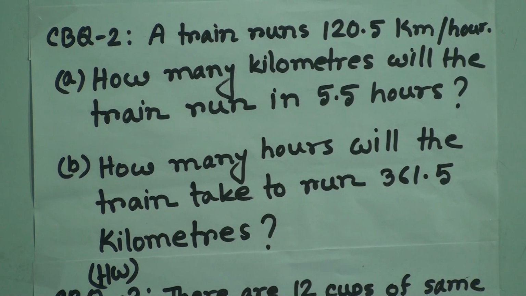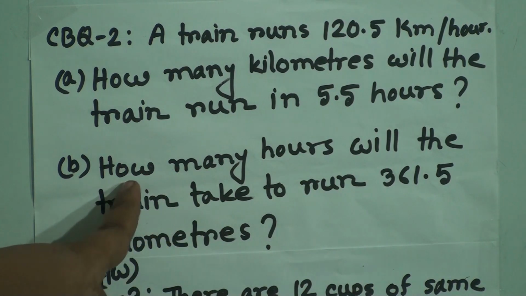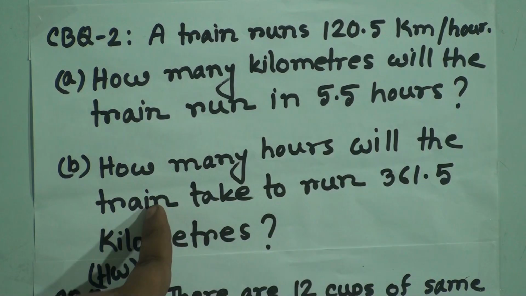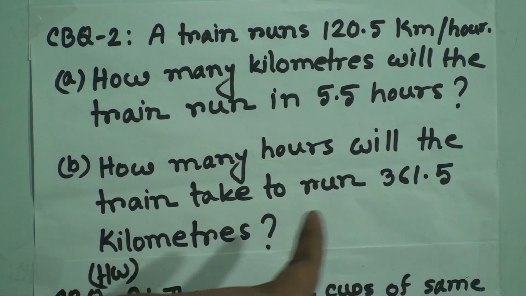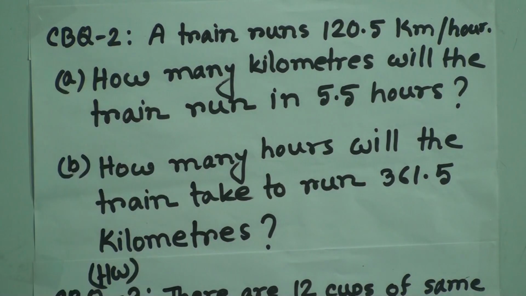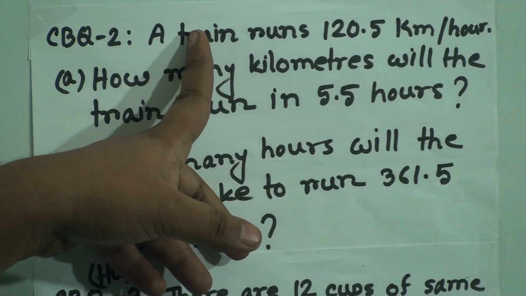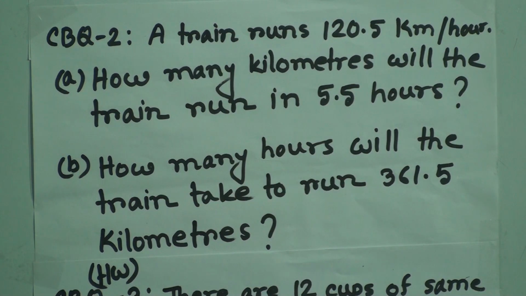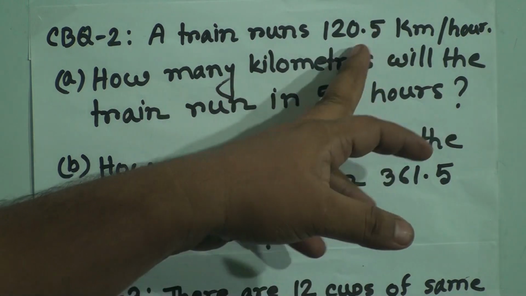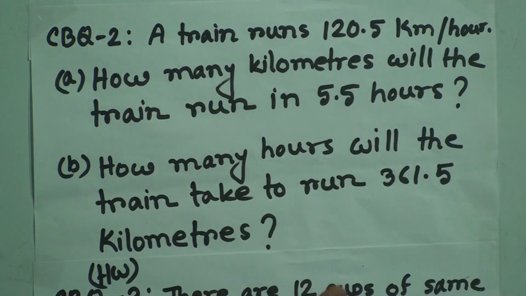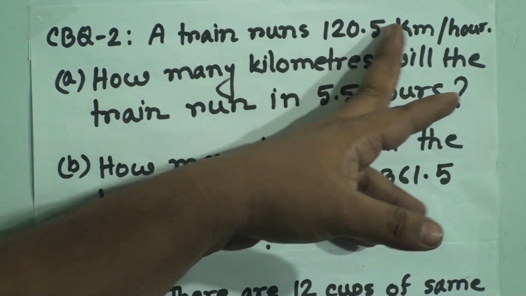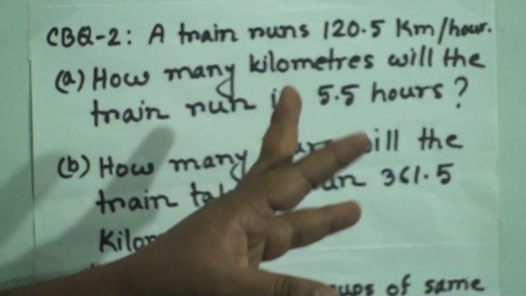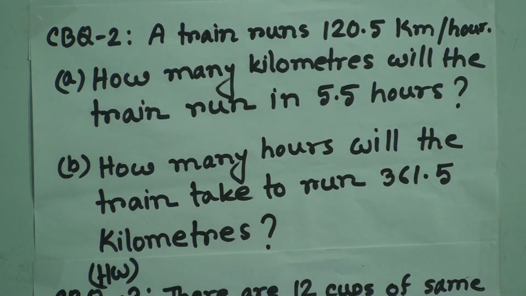Okay, next question: how many hours will the train take to run 361.5 kilometers? That means we need the stem sentence again. In this case we write: to move 120.5 kilometers, a train needs how many hours? 1 hour.